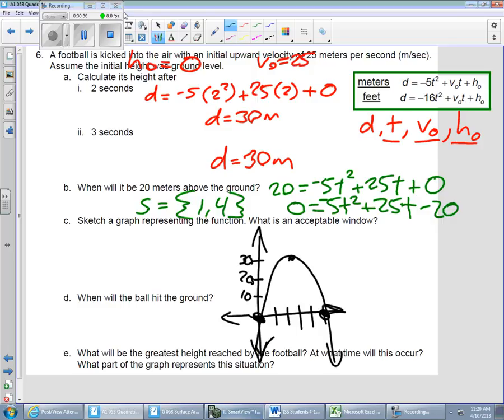What's not a possibility? Yeah, it's going to go up, it's going to peak, it's going to come back down. Did the ball come from underground? Did the ball come from negative time? So after this graph gets below the x-axis on the left side, this is impossible. There's nothing before the initial time.